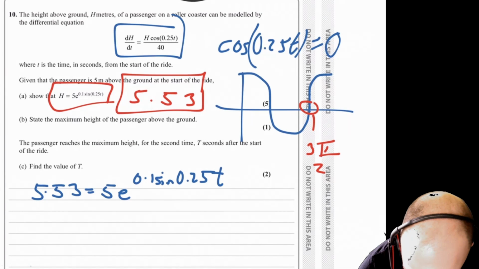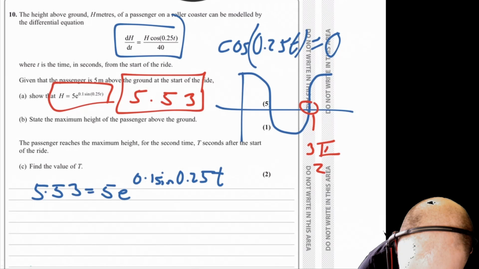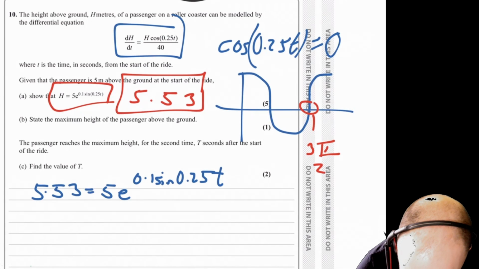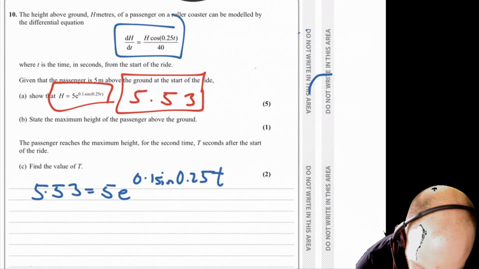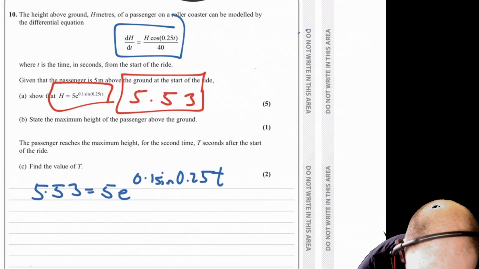Five over 2 pi. Yeah, I'm not sure why it's not working that way round. I'll have a look at that later. But for now, the other one then.